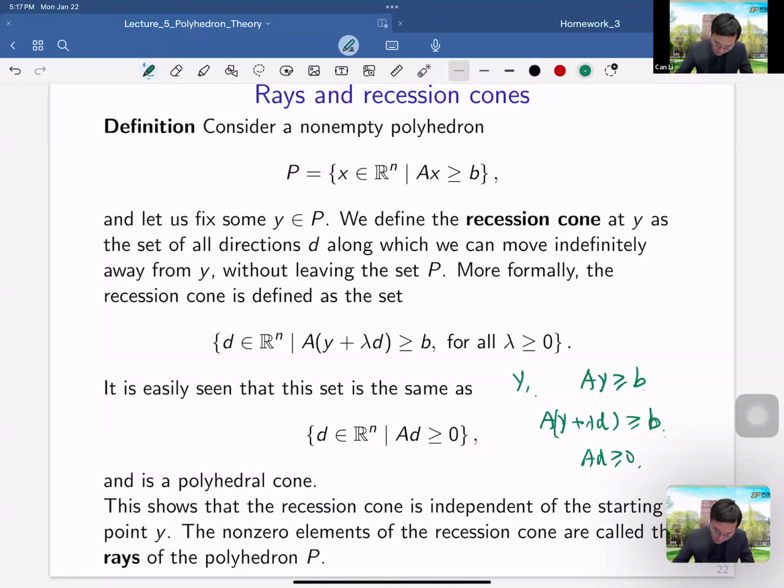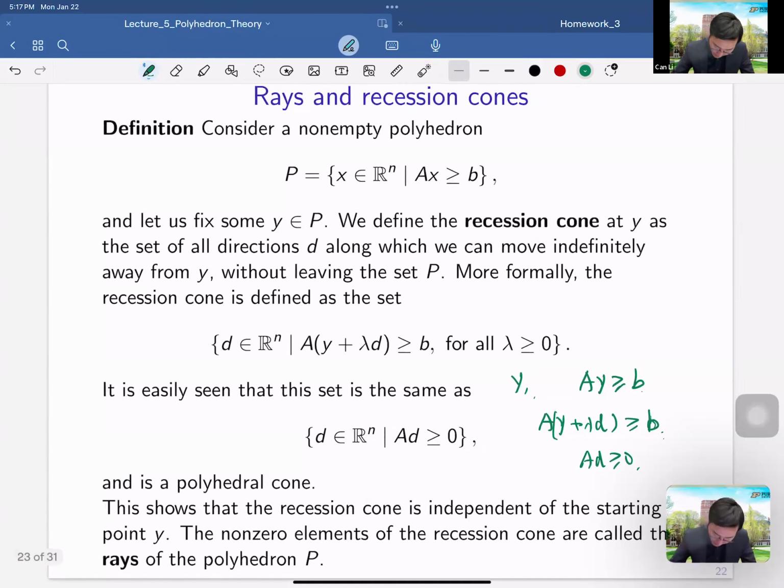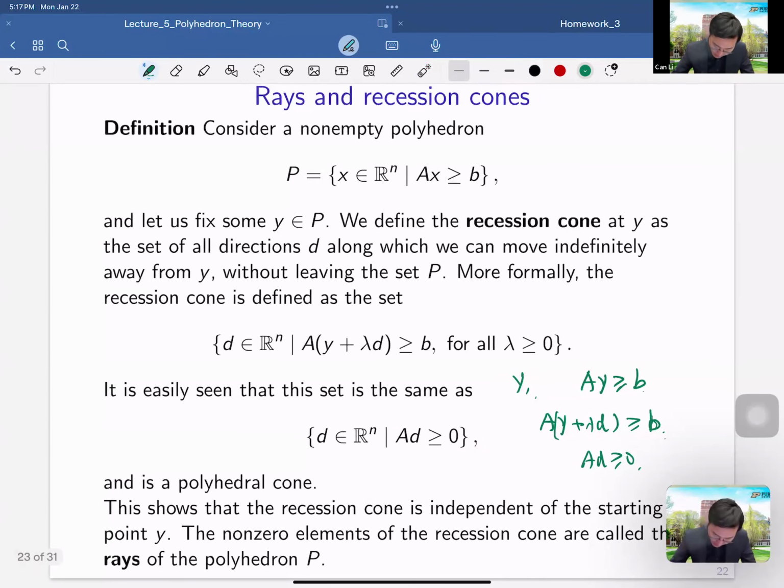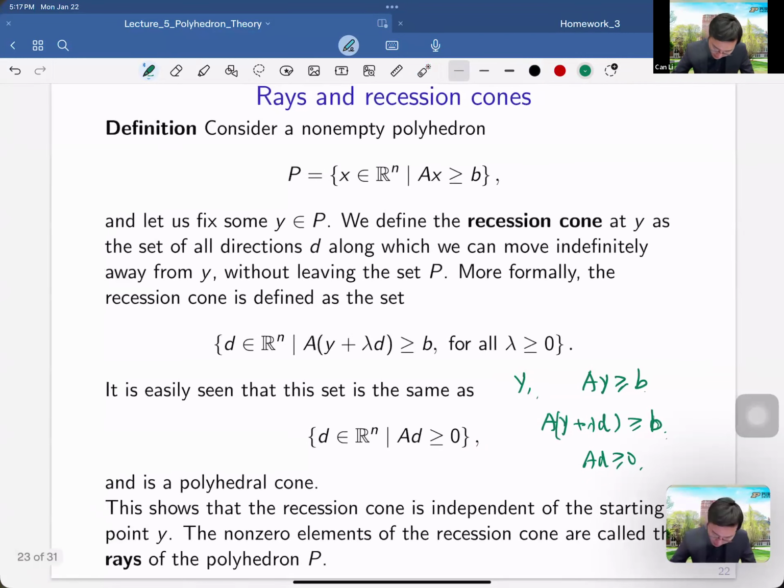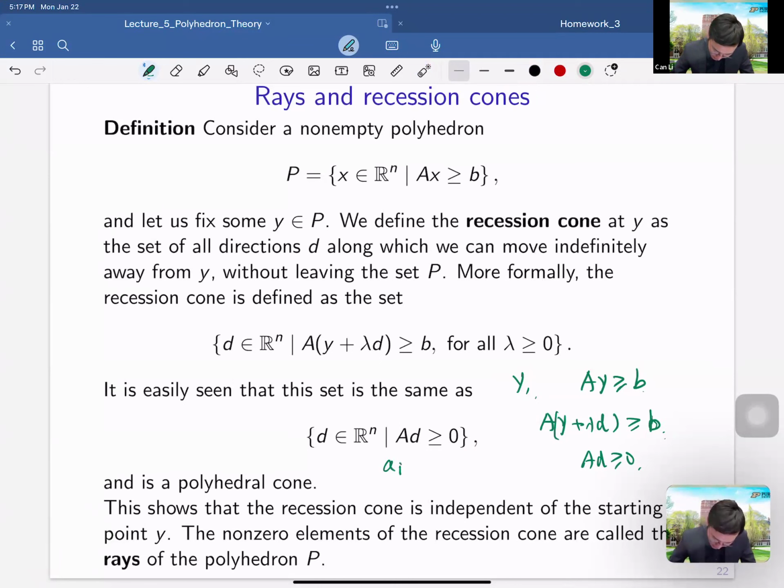Let's suppose there exists one element of this inequality constraint, and suppose the contrary is true: a_i transpose d less than or equal to 0.